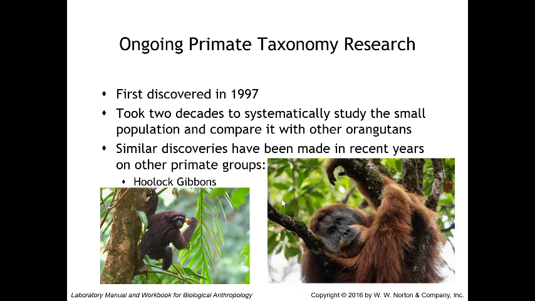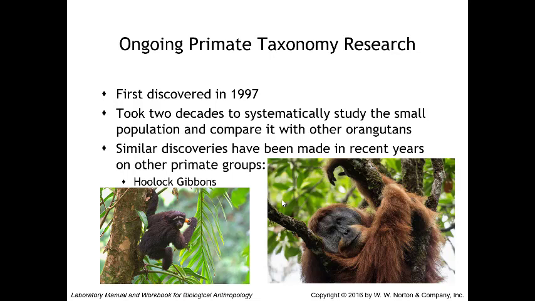Researchers first discovered them in 1997, right? Researchers collected data on the physical traits, behaviors, and genetics of these primates. It took 2 decades to systematically study the small population and compare it with other orangutans.